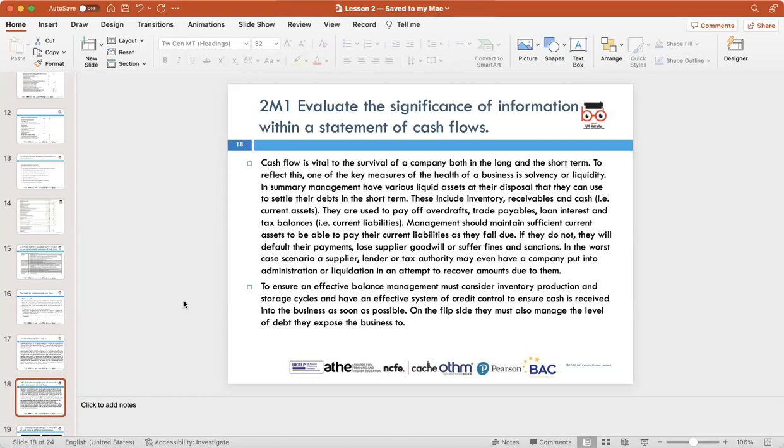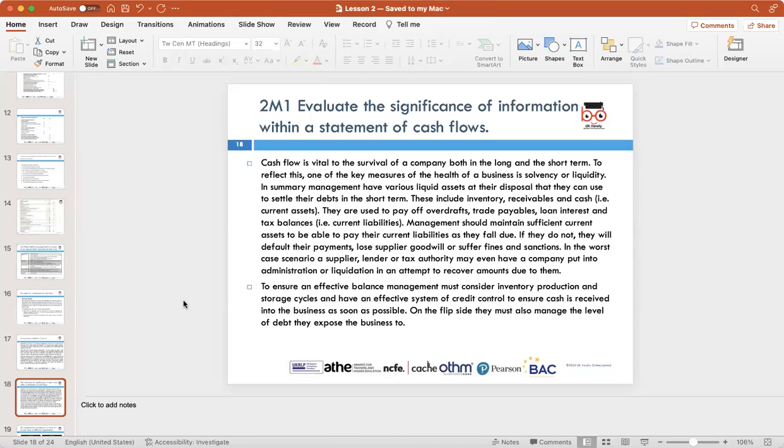To ensure an effective balance, management must consider inventory, production, and storage cycles and have an effective system of credit control to ensure cash is received into the business as soon as possible.